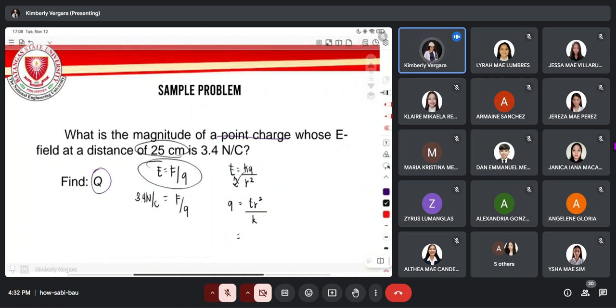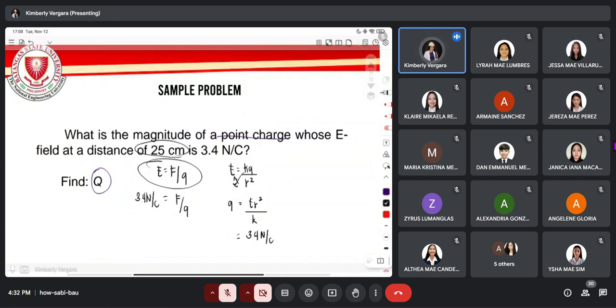Ang E natin is 3.4 Newton per Coulomb, and then 25 centimeters. Siya naka-centimeter, so we must convert this to meters.